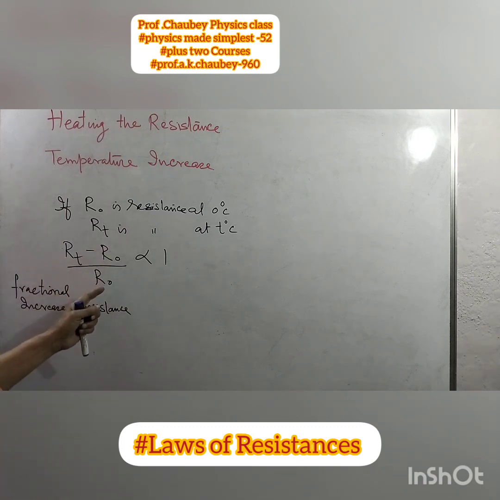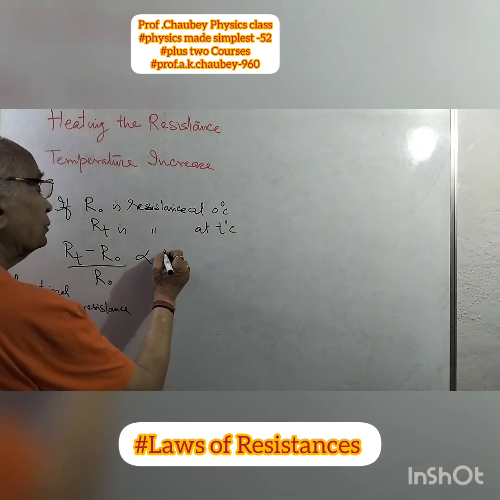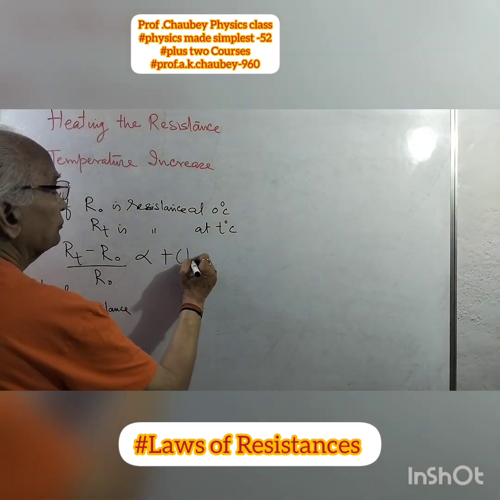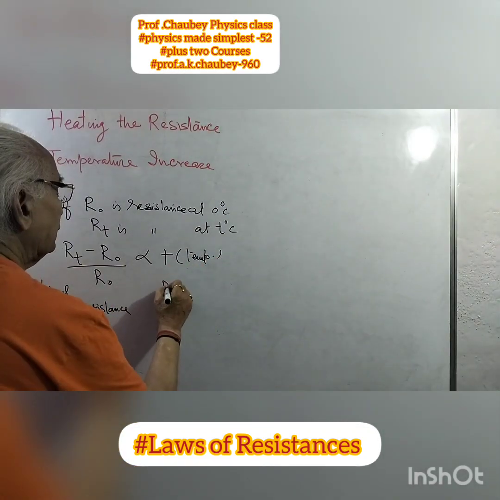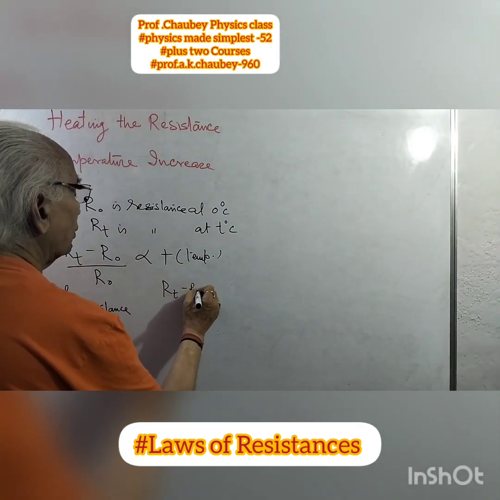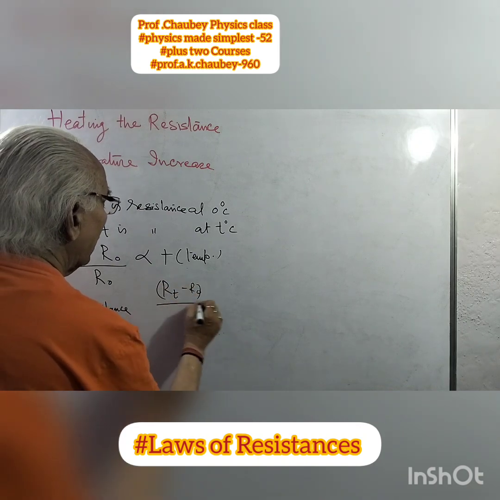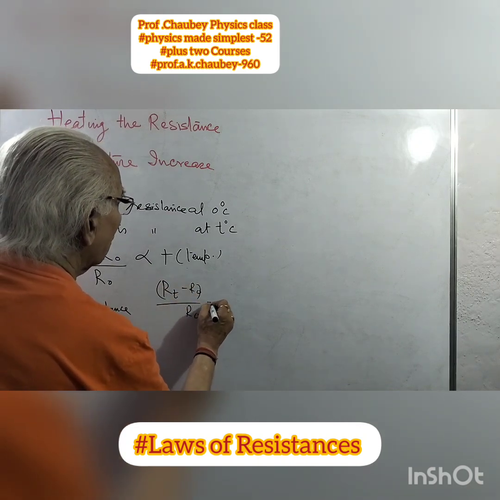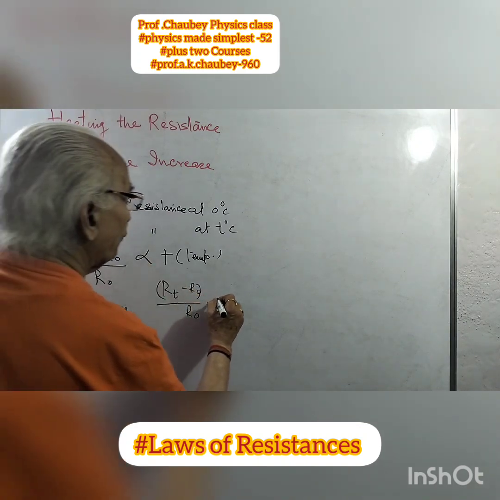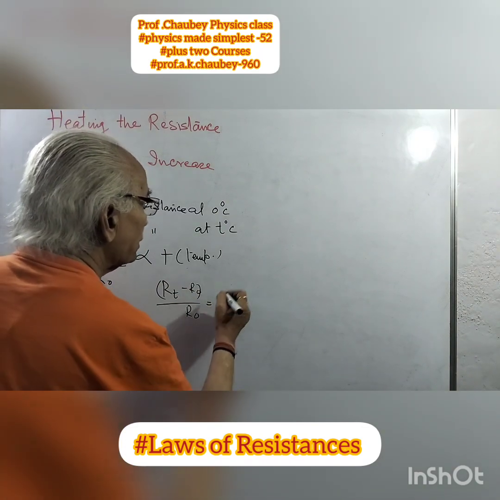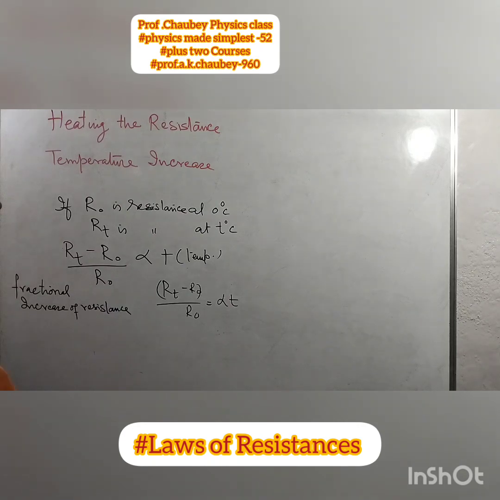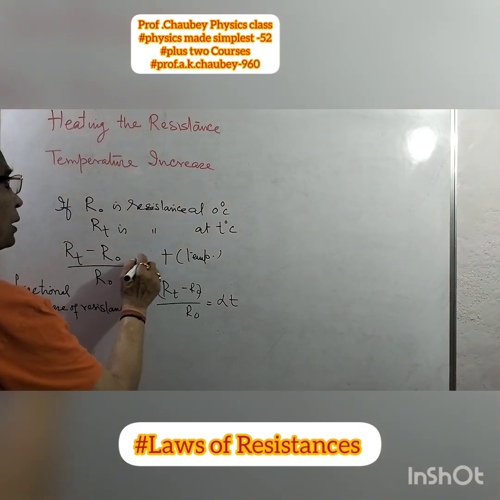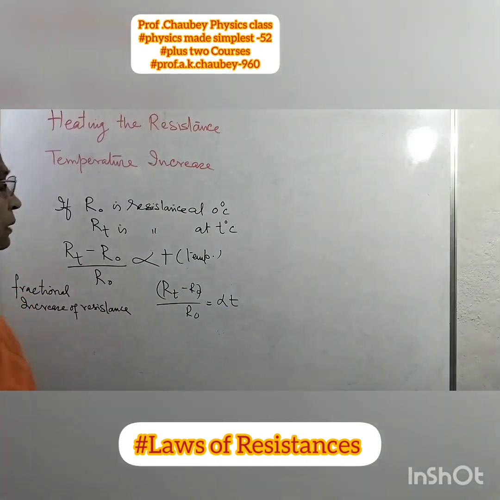So RT minus R0 over R0 is proportional to temperature T. And RT minus R0 over R0 is equal to a coefficient, called the proportionality coefficient alpha, times T, where alpha is the proportionality coefficient.